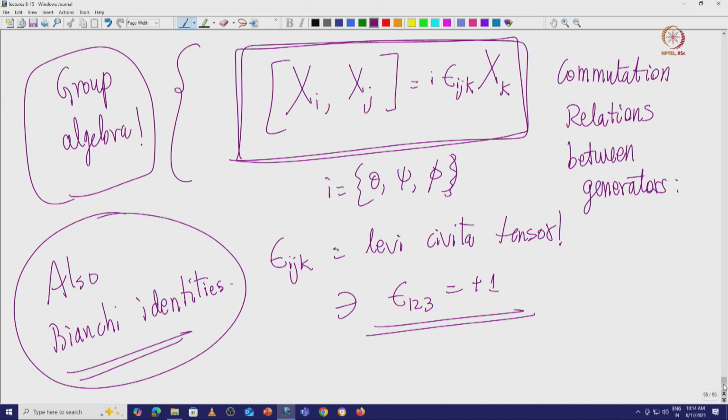So with this, what we see is that in general you can write X_A X_B is equal to something called f_ABC X_C. So in general, for all the groups of this type which start with unity and which can be infinitesimally transformed, and can be thought of in terms of rotations, these are called the Lie groups.